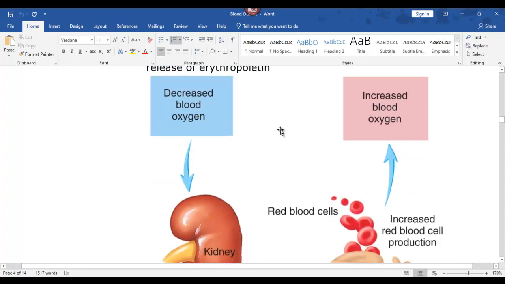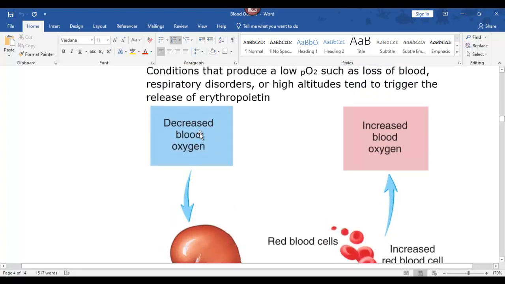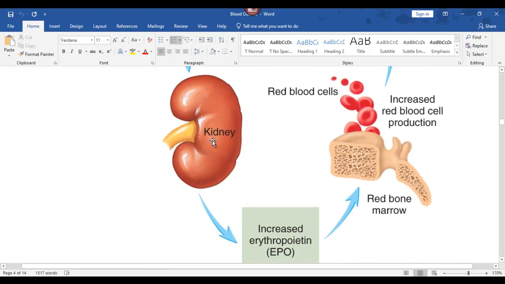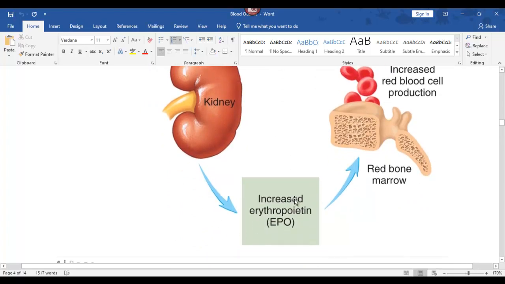But here is a physiological scenario. If somebody has lost blood, or they're in low oxygen environments, at altitude, any number of reasons that they don't have enough blood cells, no blood cells means you're going to have low blood oxygen. The kidneys are going to sense that. They sense big changes in blood pressure. The cells there are going to release erythropoietin.